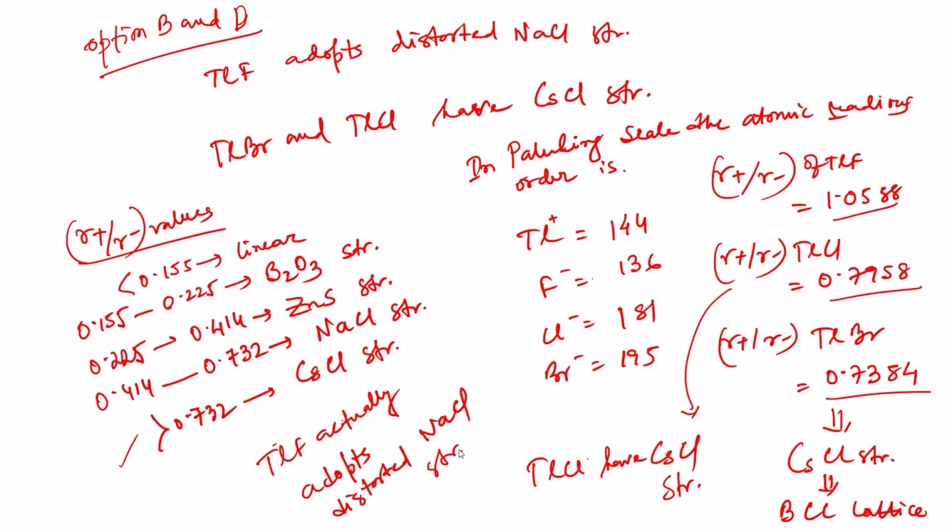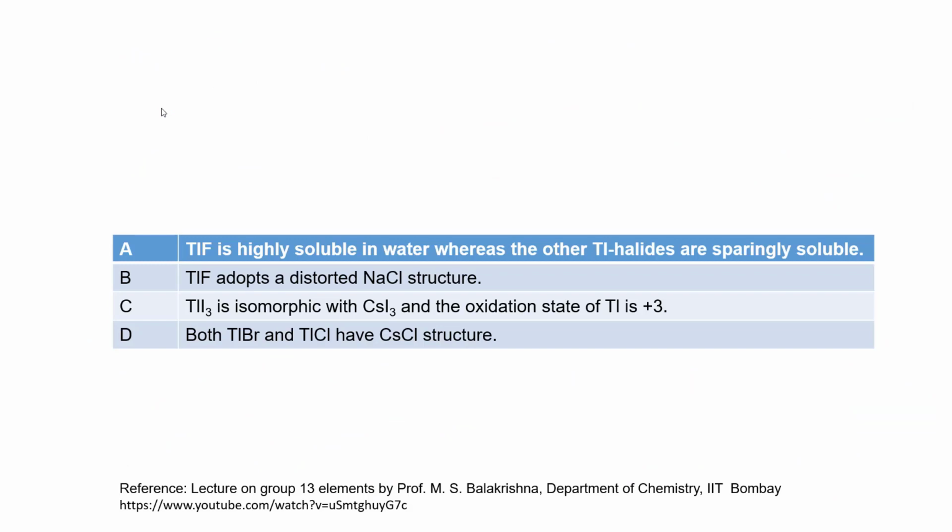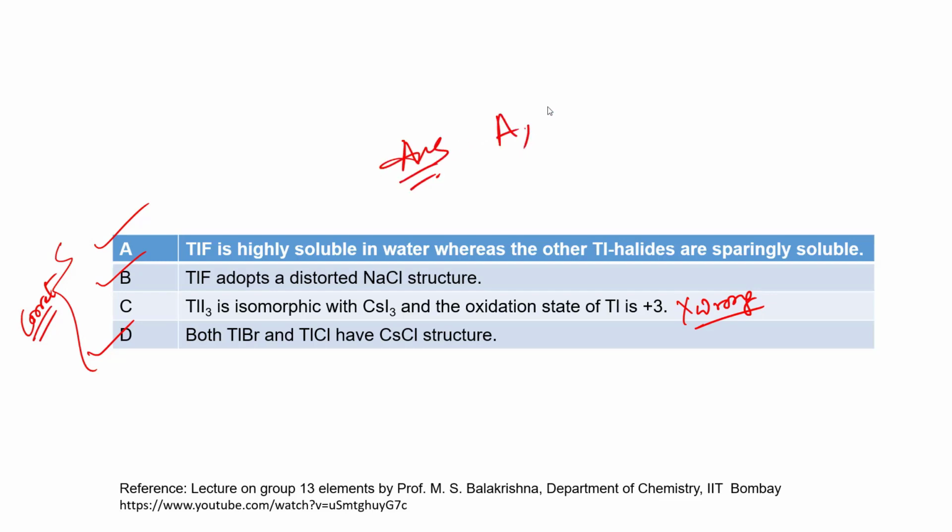In case of thallium chloride and thallium bromide, packing efficiency will favor the CsCl structure, and in case of thallium fluoride, the packing efficiency will favor the distorted NaCl structure. So both of these statements are correct. So the correct statements are A, B and D, and C is wrong. So the answer is A, B, D.